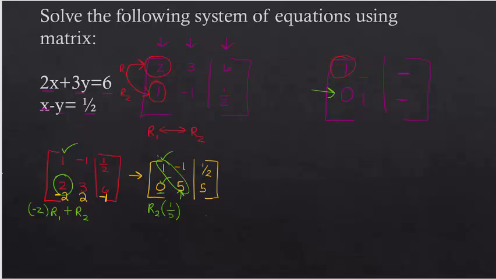So row 2 times 1/5 will give us our new row 2. All right, so our first row is staying the same. Let's copy that in. And then 0 times 1/5 is 0. 5 times 1/5, that's going to be 1. And 5 times 1/5, that's going to be 1.